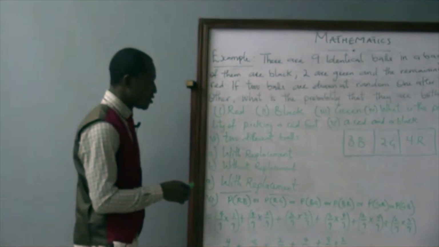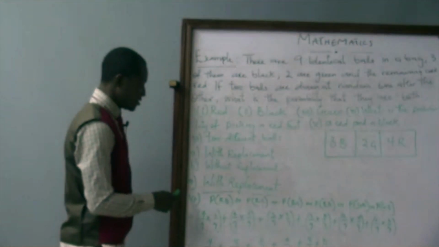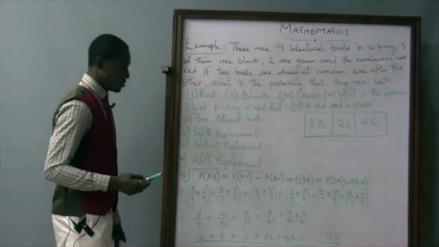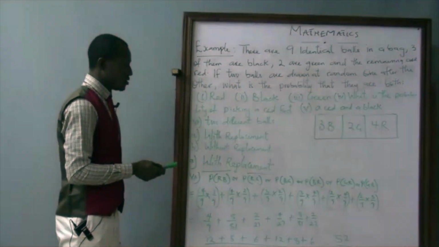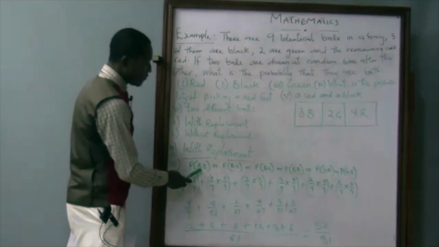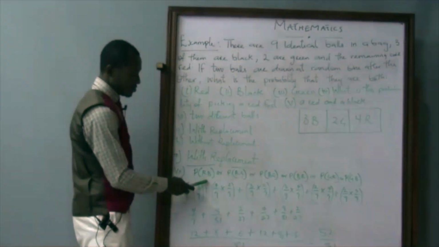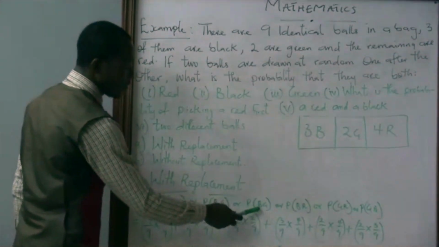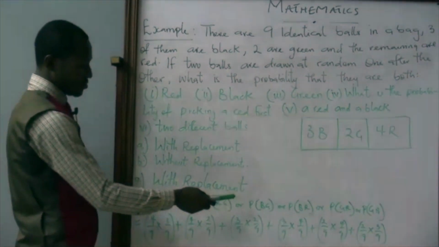The last question under with replacement is probability of picking 2 different balls. Now, if I'm picking 2 different balls, it's either I pick a red first, black second, red first, green second, then a black first, green second.